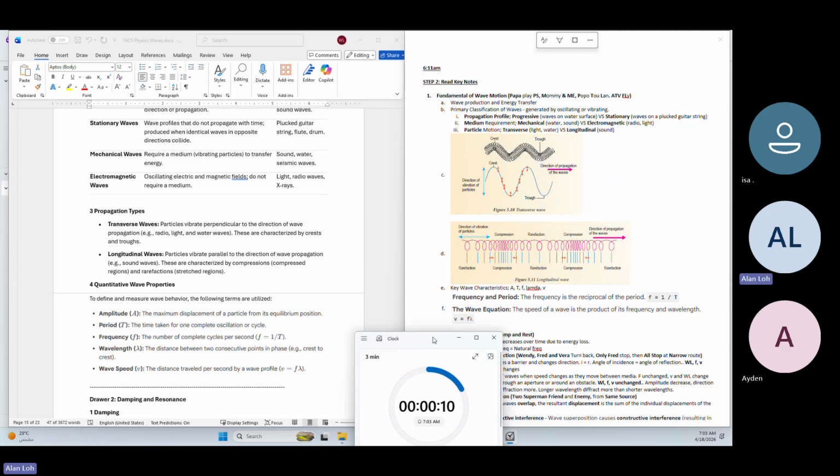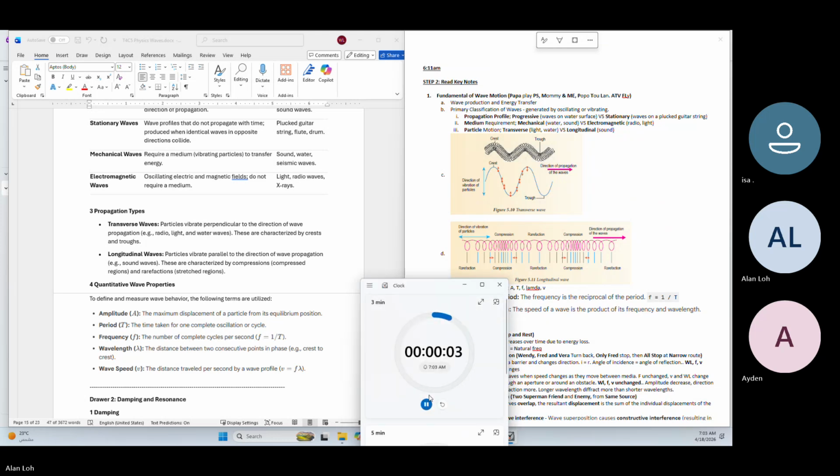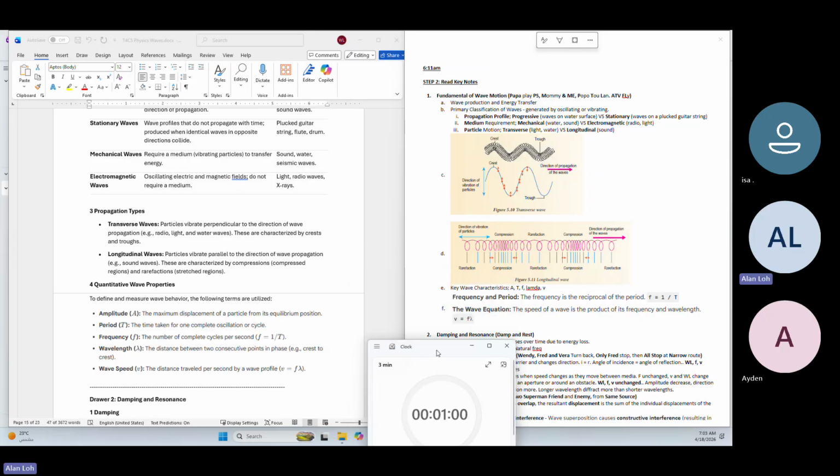Ten more seconds. Okay, time's up. Now I'll repeat the same message. I hope you feel your drawer 1 understanding has improved a bit further, because we have completed step 5, drawer 1.